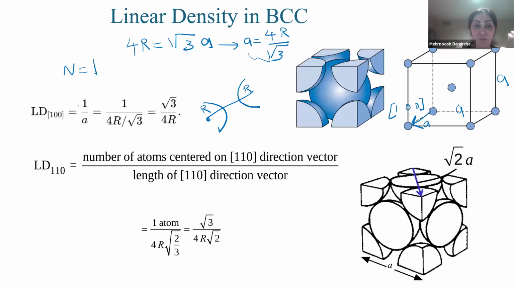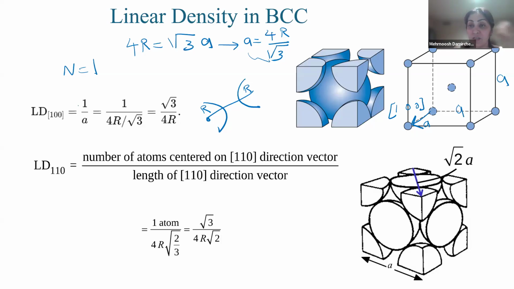So it is 1 per (4R per root 3). Root 3 goes to the numerator, so it is root 3 per 4R. It is the linear density in that direction, root 3 per 4R.